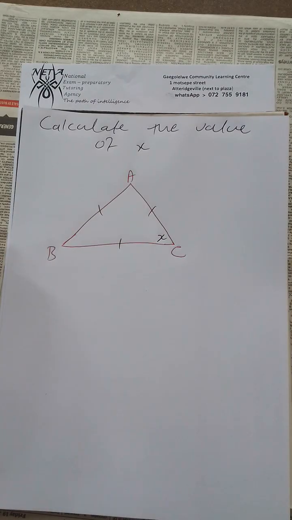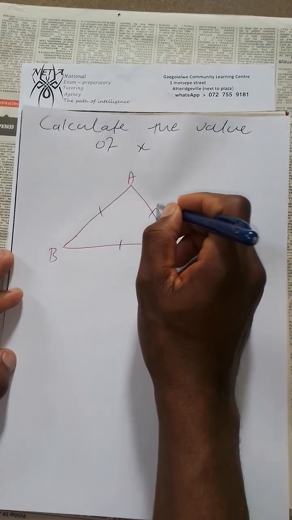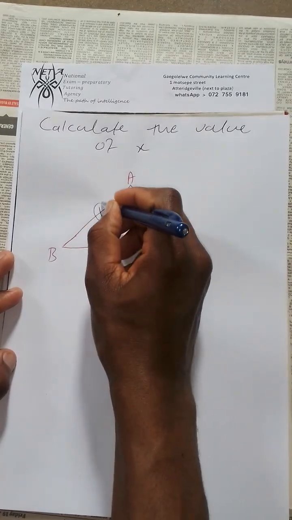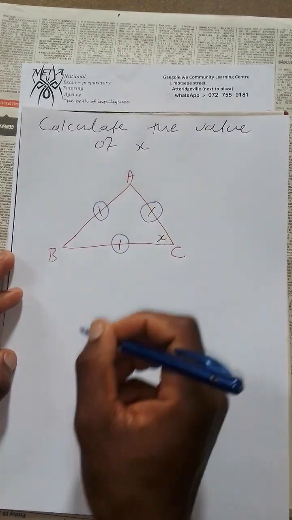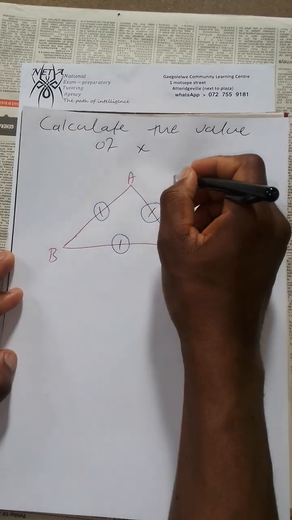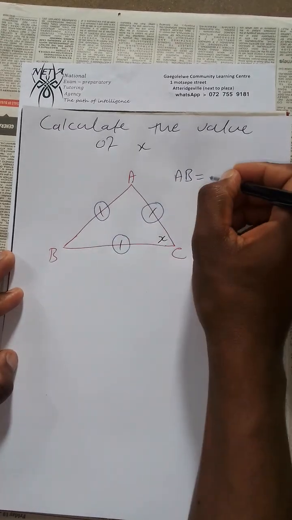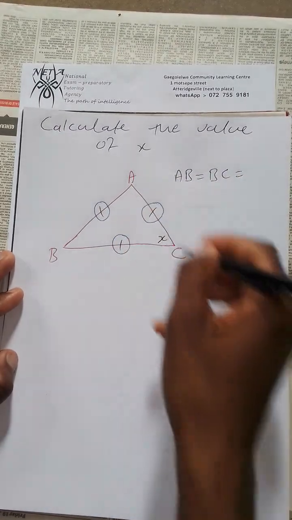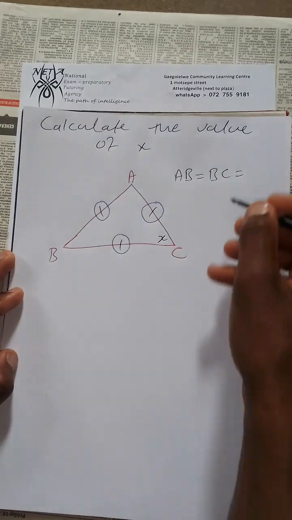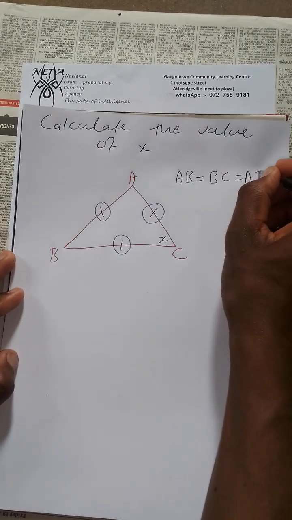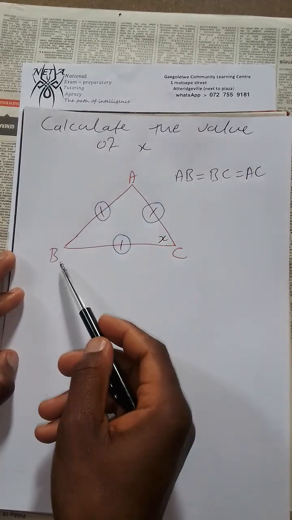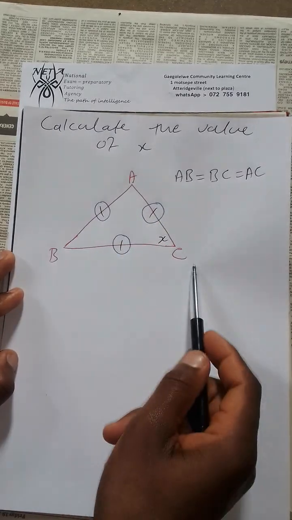We are dealing with an equilateral triangle, and the reason I'm saying we have an equilateral triangle is because these three symbols are an indication that line AB equals line BC, which is the same size as line AC, which means that line AB is equal to BC and AC.